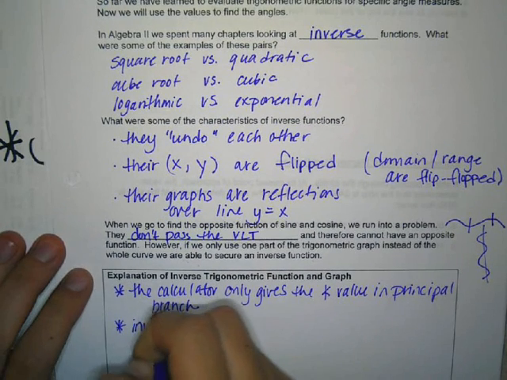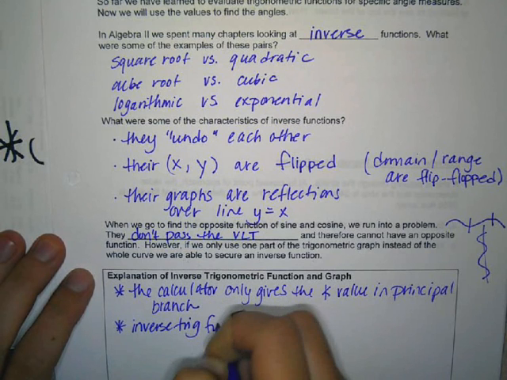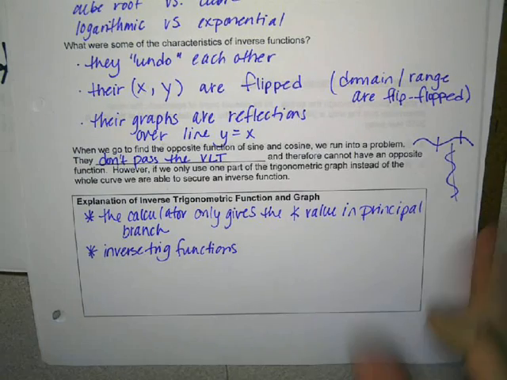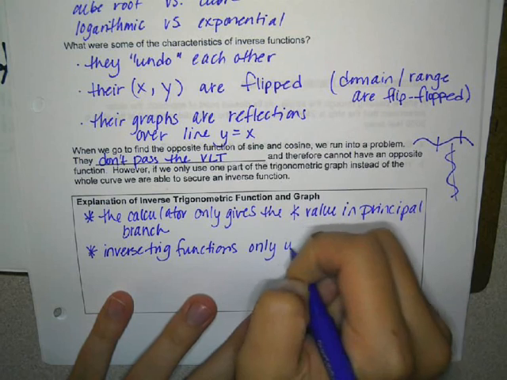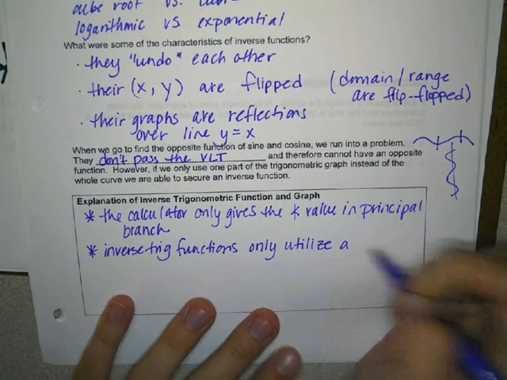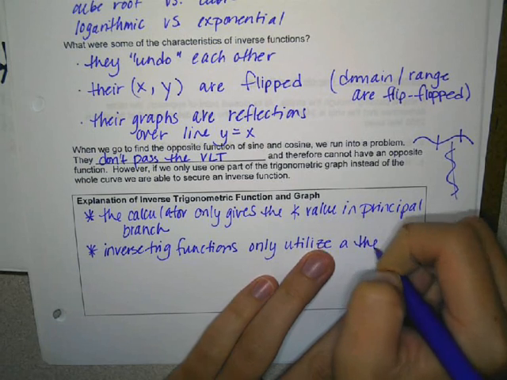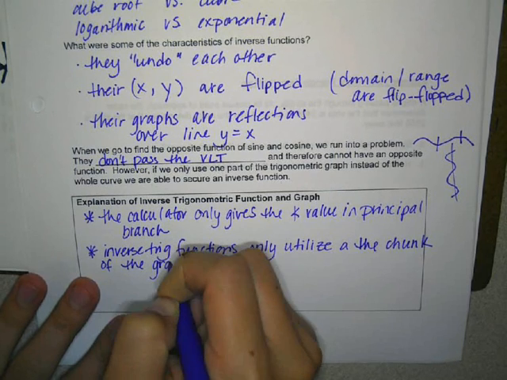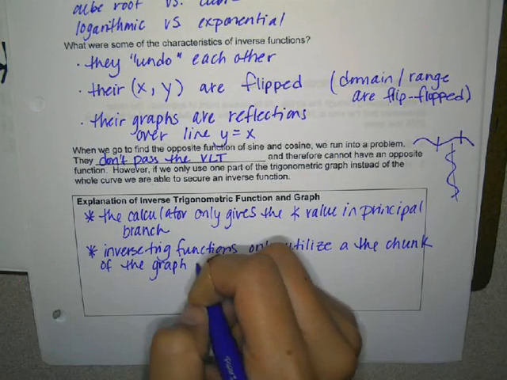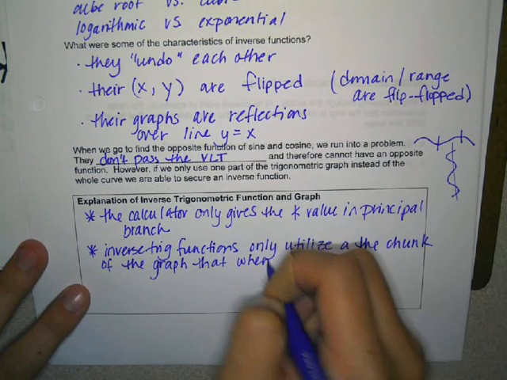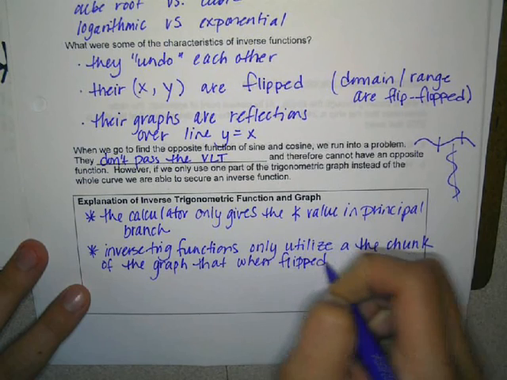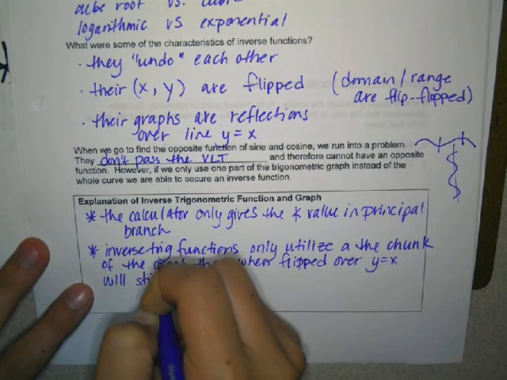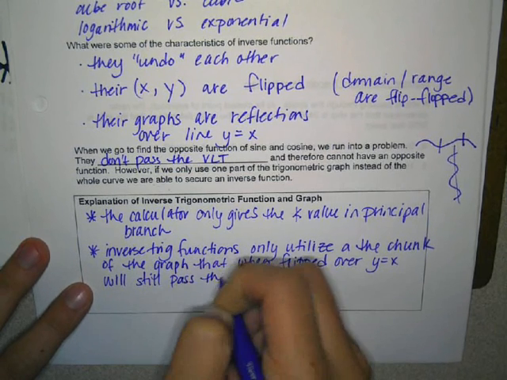So inverse trig functions only utilize the chunk of the graph that, when flipped over y equals x, will still pass the vertical line test.